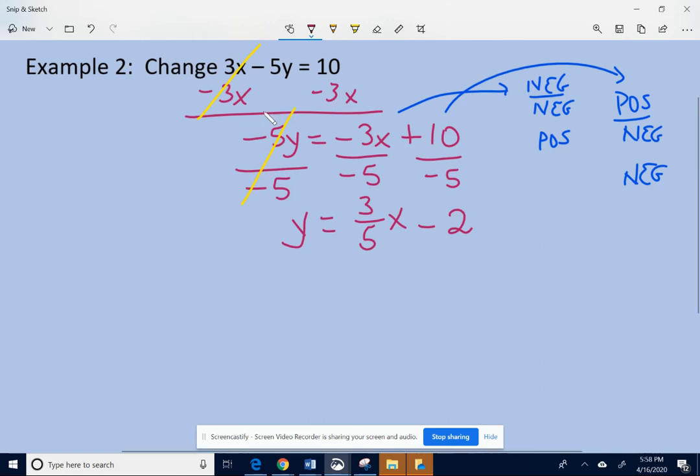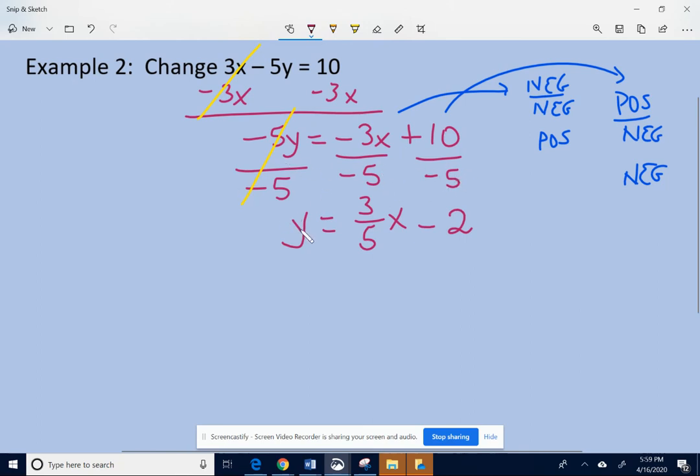So real briefly, I got rid of the 3x that was added by subtracting 3x. The negative 3x plus 10 I just wrote down as is, but I put the x part first. Then I got rid of the multiplied negative 5 by dividing by negative 5. But I had to divide all three parts by negative 5.